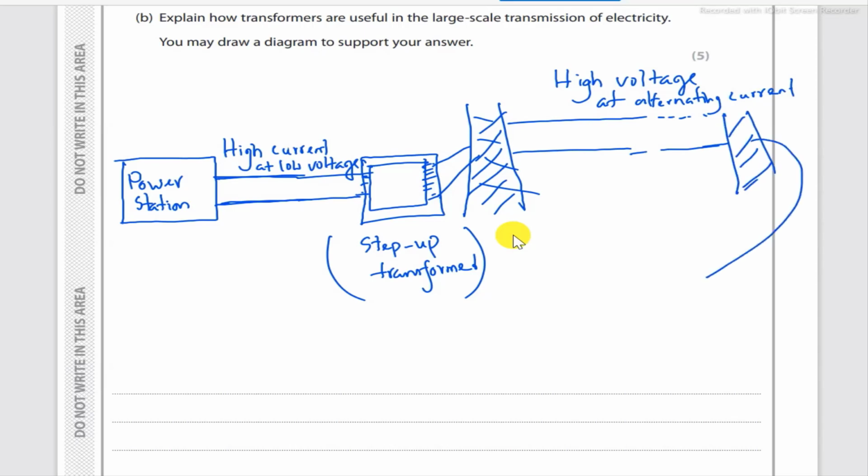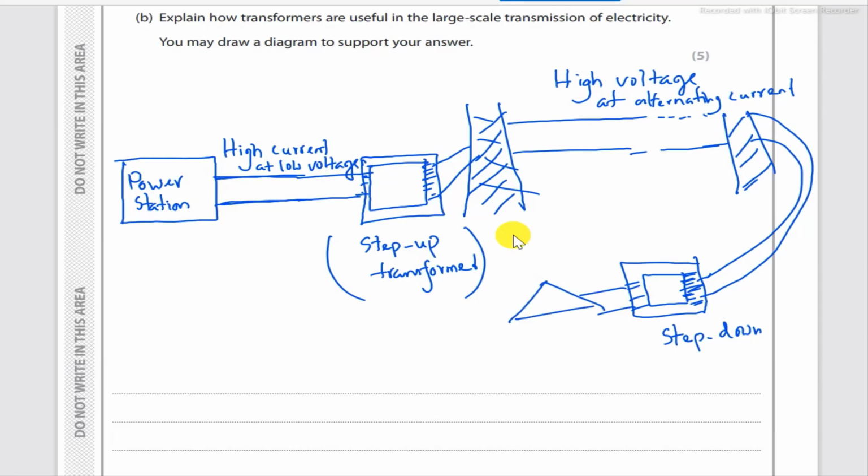Then when it reaches the consumer unit, again we need to use another transformer, a step-down transformer. The number of turns in the primary coil input is more, and in the secondary coil it is less.